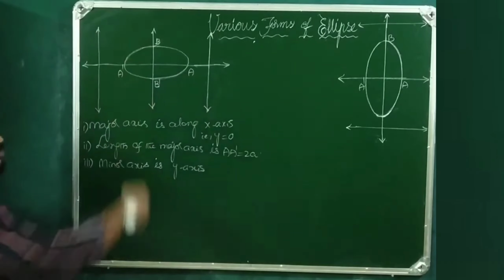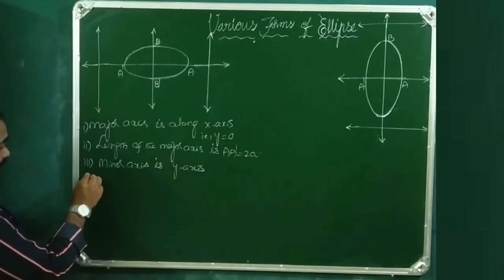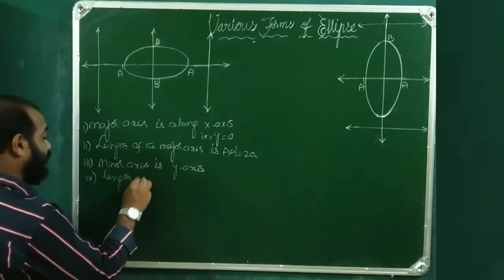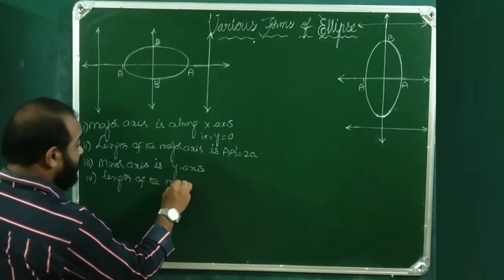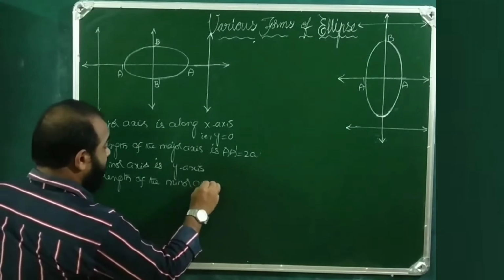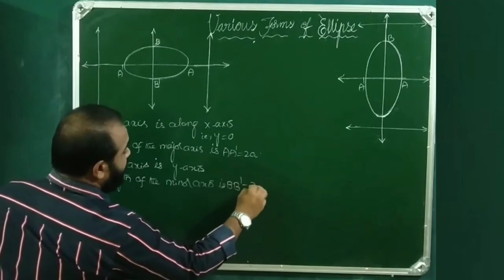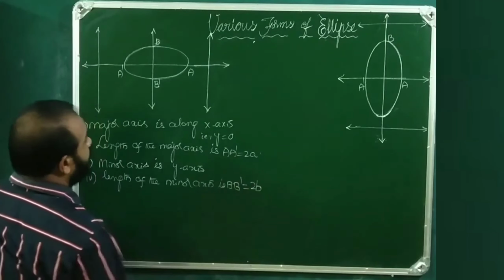Minor axis is the y-axis, and the length of the minor axis BB dash is equal to 2b.